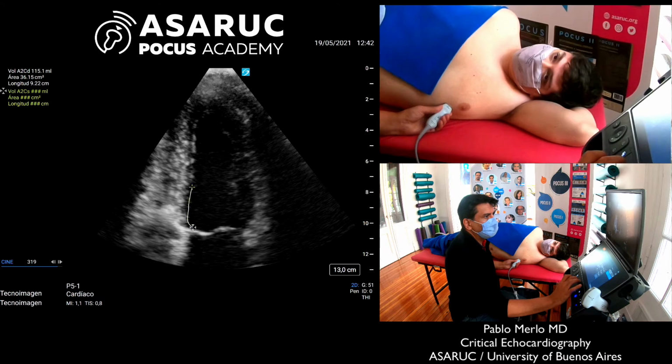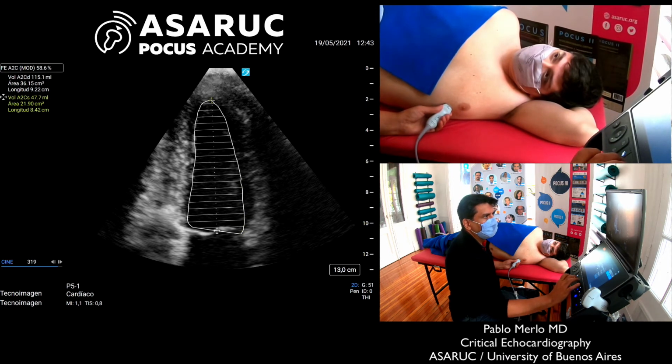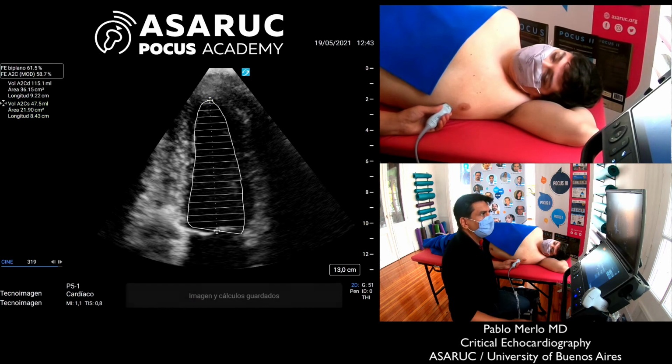So, we've obtained the ejection fraction at a 4 and a 2-chamber view, and we'll keep the mean value. That is to say, we've measured the ejection fraction with the biplane Simpson method, which is the most accurate.